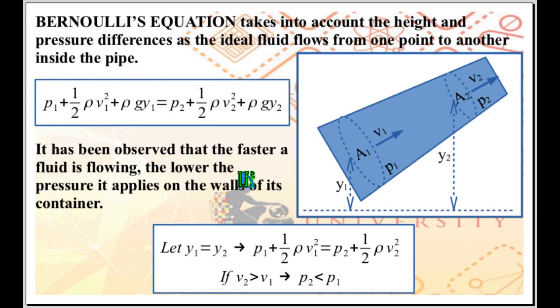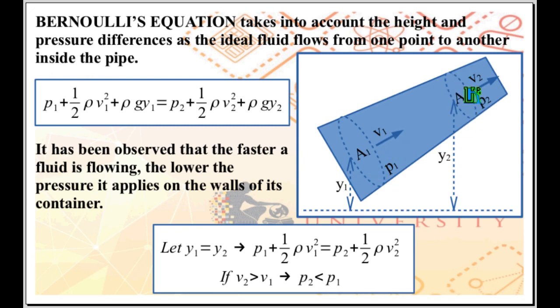Bernoulli's equation considers not only the speed at the different locations of the fluid inside the pipe, it also considers the height differences and the pressure differences at the different locations of the fluid inside the pipe. So say you have a pipe such, fluid is flowing from one end of the pipe to the other end of the pipe. At this location, you have cross-section area A1. The speed of the fluid is V1.